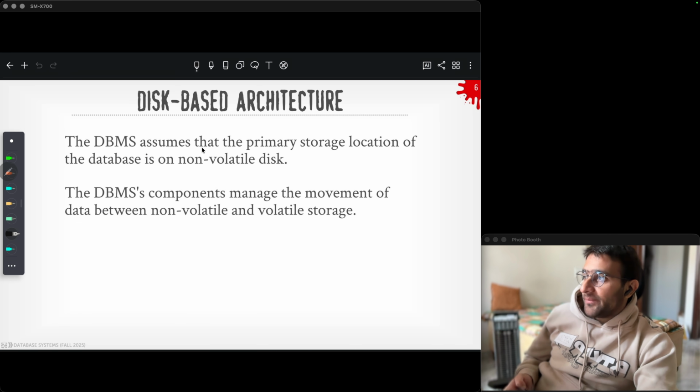They might touch the disk if they need persistence. Like in Redis, there is an option to enable disk writes or not, so your in-memory data will be synced to the disk at given intervals.